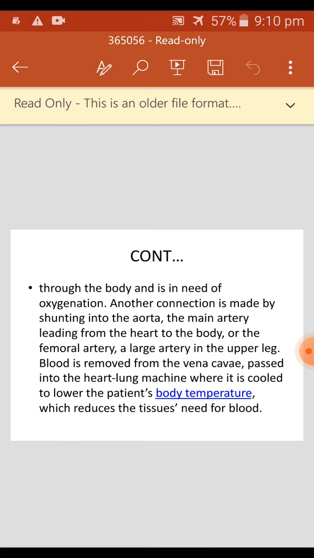Next one, blood is removed from the vena cava and passed into the heart-lung machine, where it is cooled to lower the patient's body temperature, which reduces the tissue's need for blood.